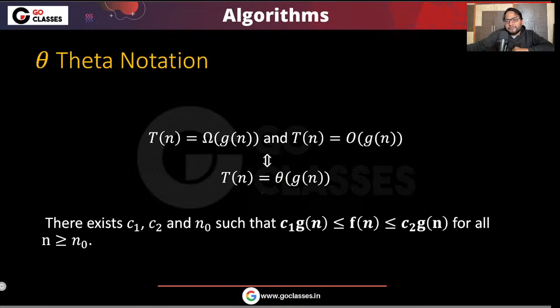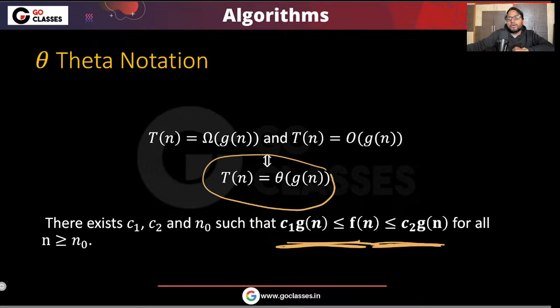Theta is saying that if T(n) is equal to theta of g(n), then it is lesser than or equal to for some c2, and greater than or equal to for some c1. So T(n) is exactly equal to g(n) in terms of asymptotic notation.